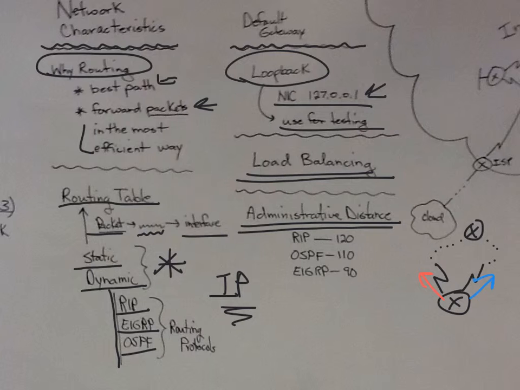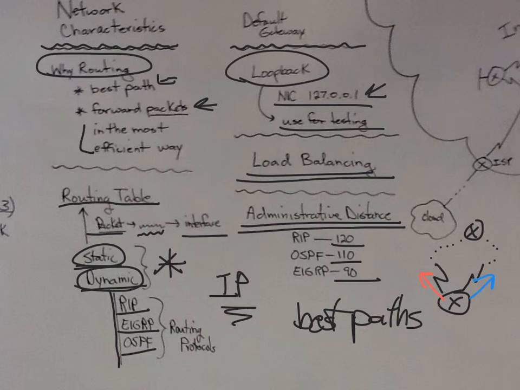Administrative distance: you can put an administrative distance on a static route, and there's built-in for dynamic routes. RIP 120, OSPF 110, EIGRP 90. When we think of best paths, and later on we'll talk about metrics, it's the lower numbers, the best path, the least cost.